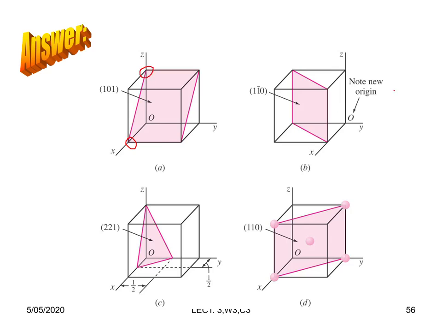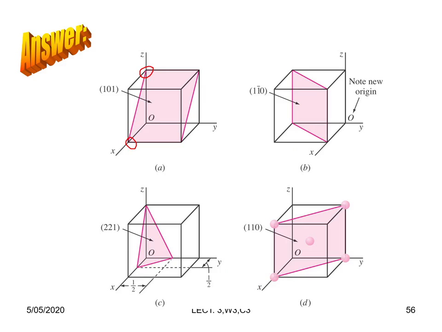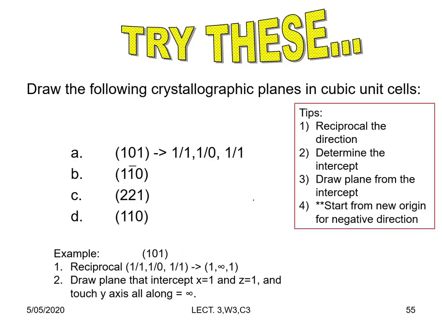So x equals 1, z equals 1, and y is infinite, so you have to go straight all along the y-axis. Then you just have to connect all of the points. So this is the answer. Let's check the others.